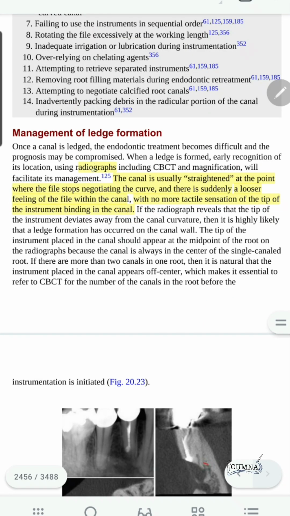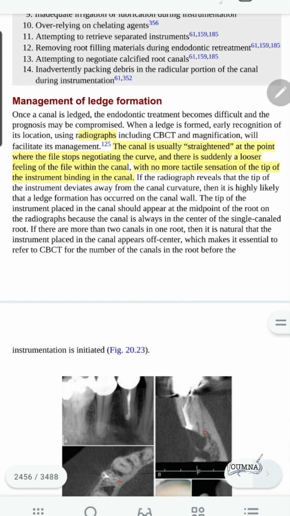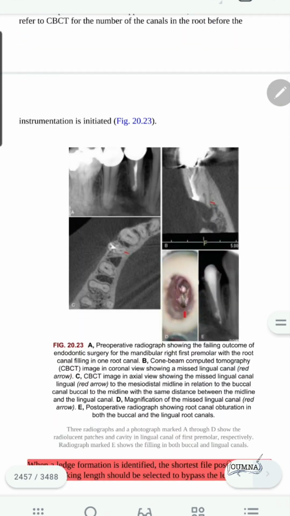We must first take a radiograph to confirm the ledge formation. The canal is usually straightened at the point where the file stops negotiating the curve, which means that we stop feeling the stickiness and suddenly the file becomes loose in the canal, with no more tactile sensation on the tip of the instrument binding in the canal.